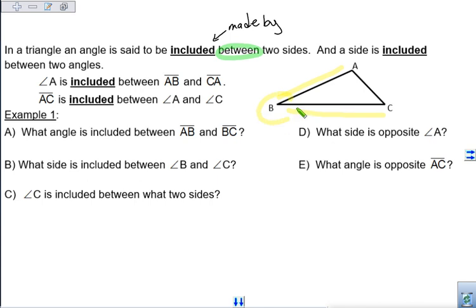So the angle that's being made by that is angle B. If you don't have an angle symbol, you need to write the word angle out and then a capital letter B. Then we're looking at what side is included between angle B and angle C. So we have angle B, we have angle C, and we want the side that is being made by them. So that is segment BC.